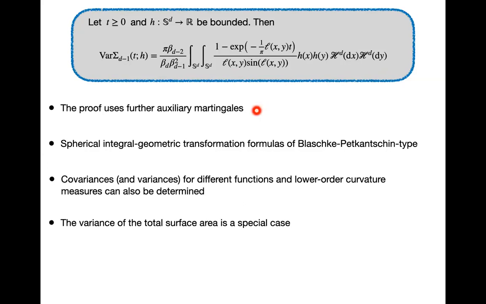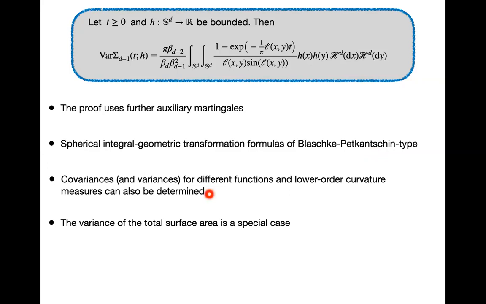You use again martingale properties associated with the splitting tessellation process. Then you have to use spherical integral geometry or conical integral geometry, and here it's not the spherical Crofton or conical Crofton formula, but integral geometric transformation formulas of so-called Blaschke-Petkantschin type that you need here.